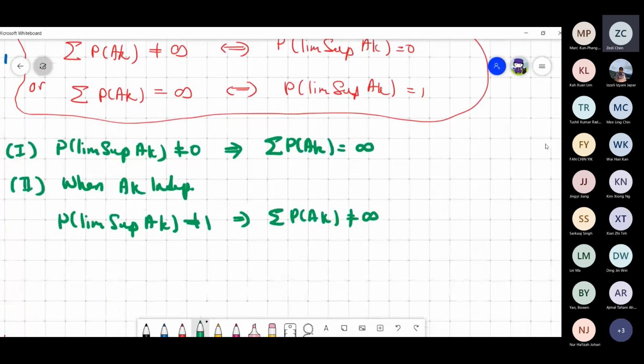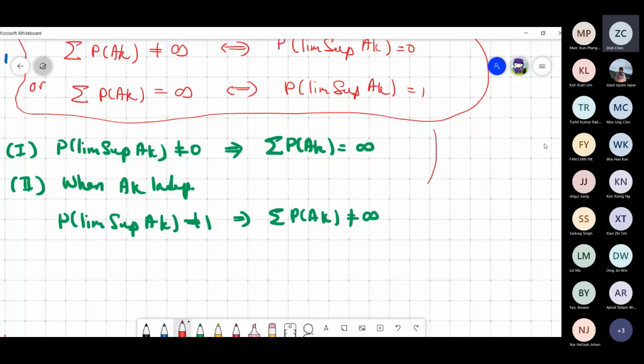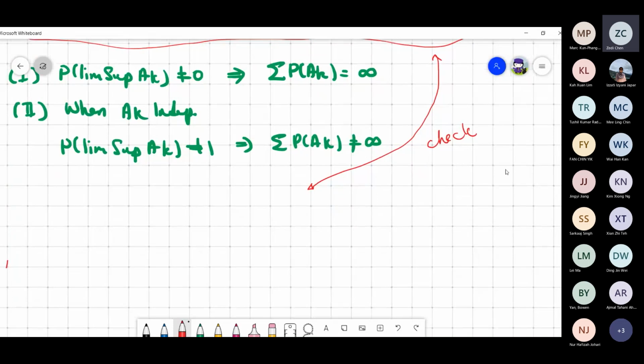Okay, so here's how we can verify these things. Let's look at how we can get it. We can check this using this way. Okay, first of all, let's say we always assume AK is independent.